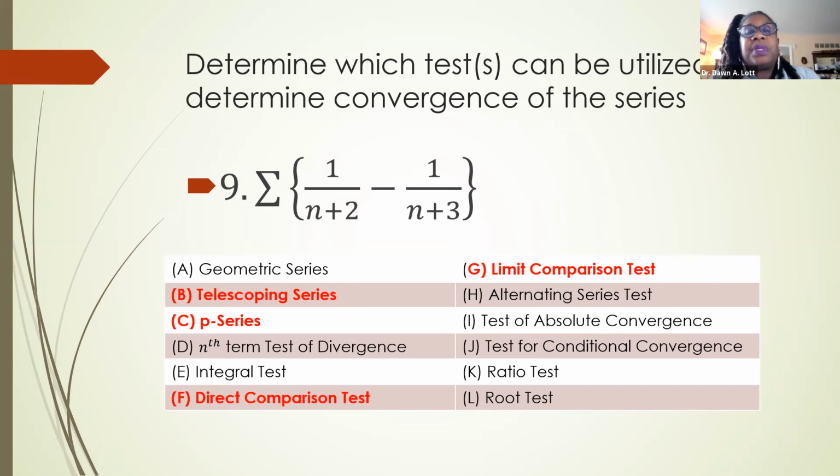So you could use a P series because this looks like 1 over n squared. You can do a direct comparison to a P series. You could do a limit comparison to a P series, but the only one that will give you the actual sum of the series is the telescoping.